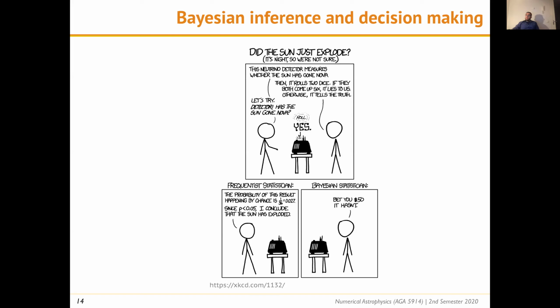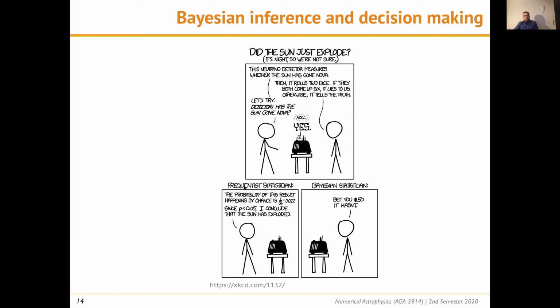So, did the sun just explode? Someone asked, so the neutrino detector measures whether the sun has gone nova. Then people roll two dice, and if it comes out two sixes, then it means that the sun exploded, right? And for this simple problem, there are two interpretations.